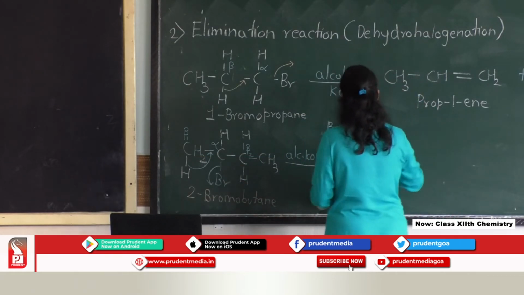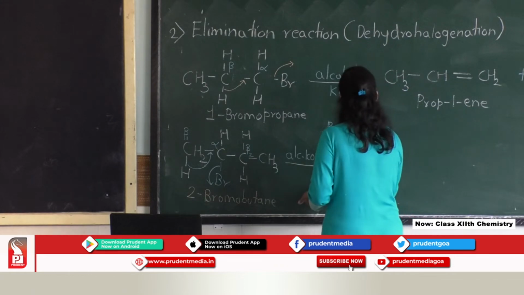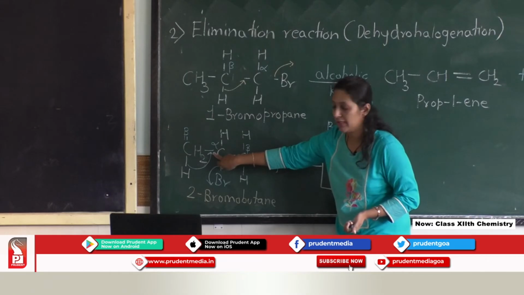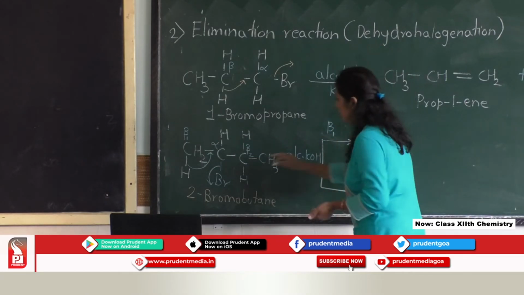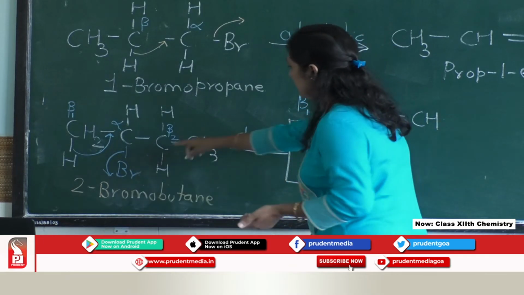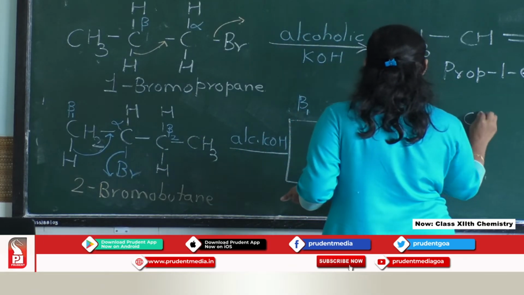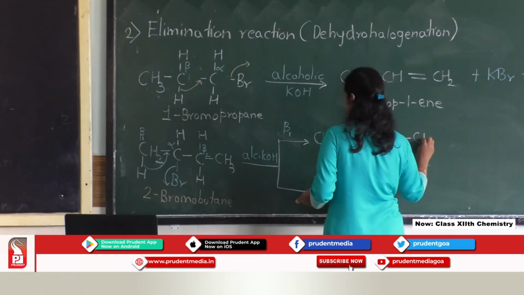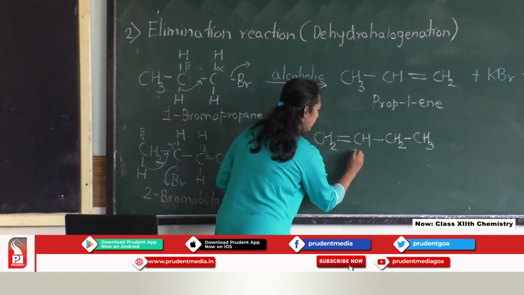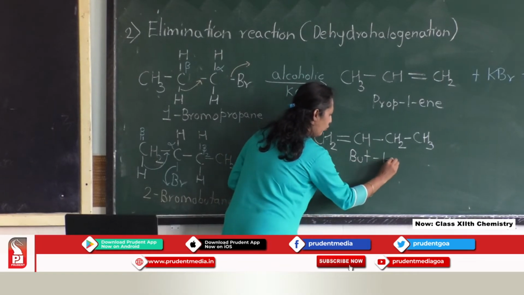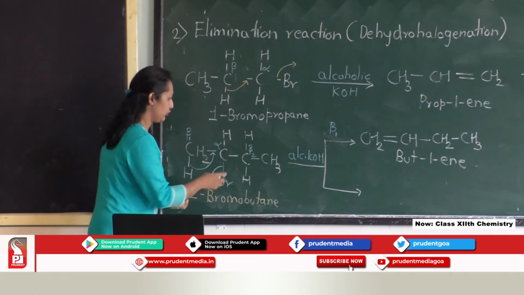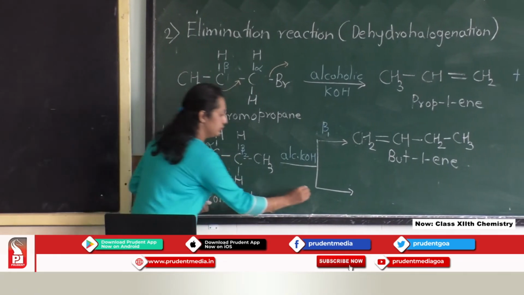CH2, and the single bond will get converted to the double bond, CH, CH2 and CH3. The name of the compound is but-1-ene.